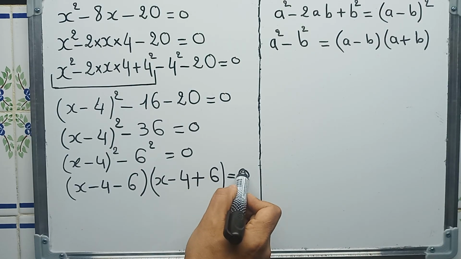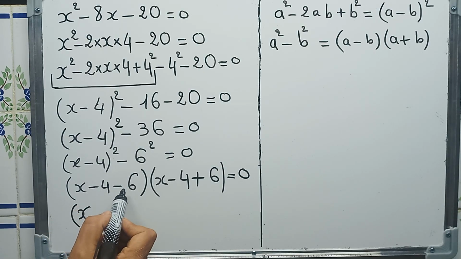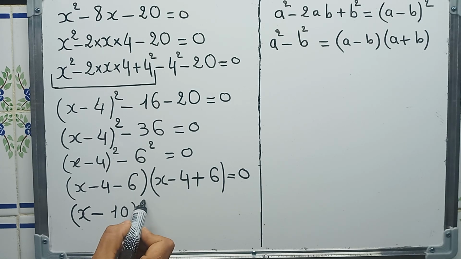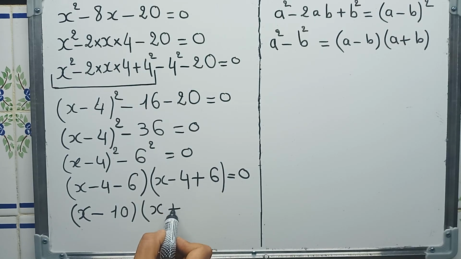Equals 0. And here, just calculation: x minus 4 minus 6 is x minus 10, times x minus 4 plus 6 is x plus 2, equals 0. And here it's finished.